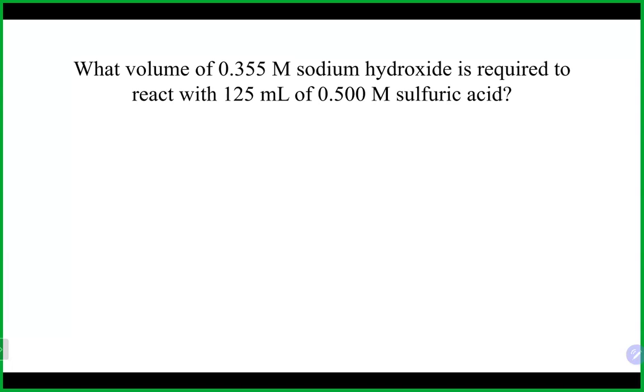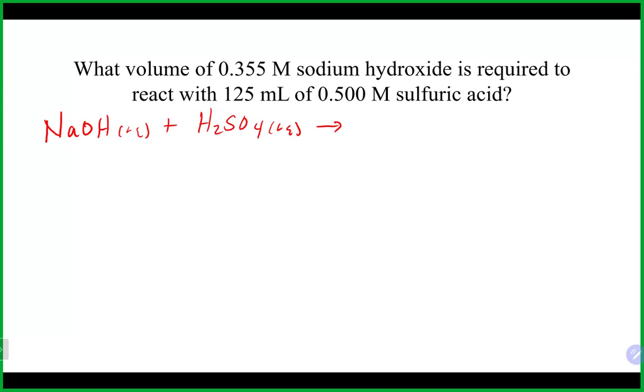So we've got sodium hydroxide, which should be NaOH. Sulfuric acid is H2SO4. Remember that we talked about acid and base reactions being really just double displacement reactions.